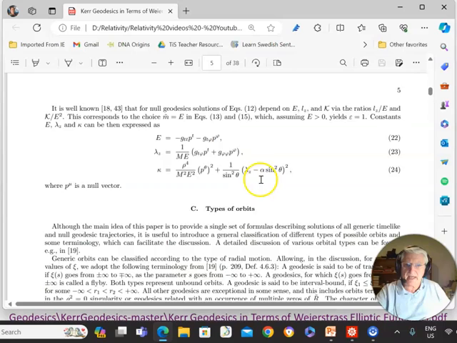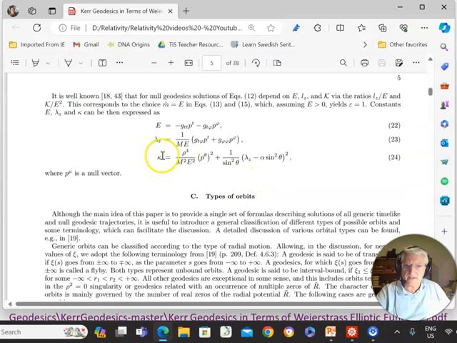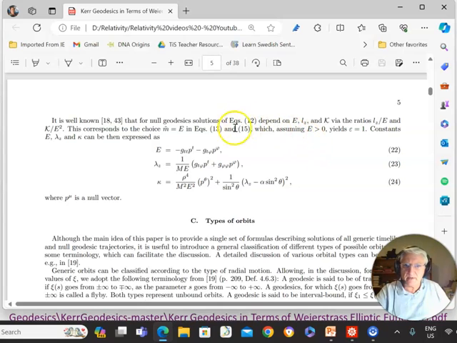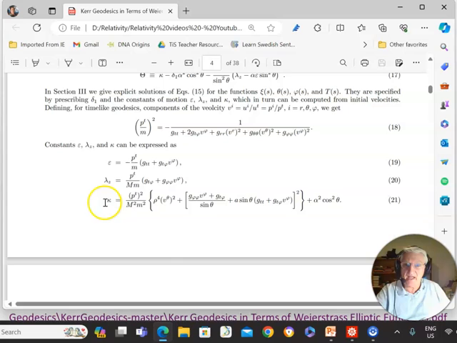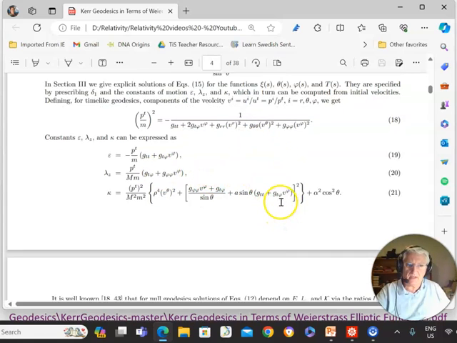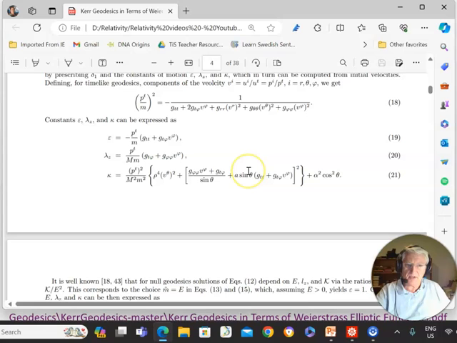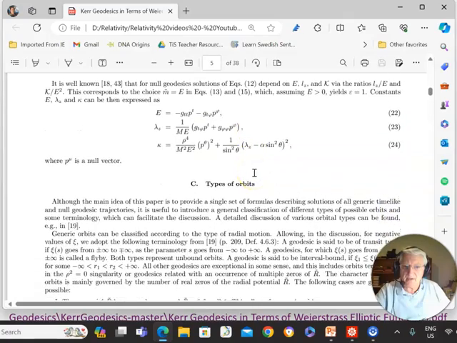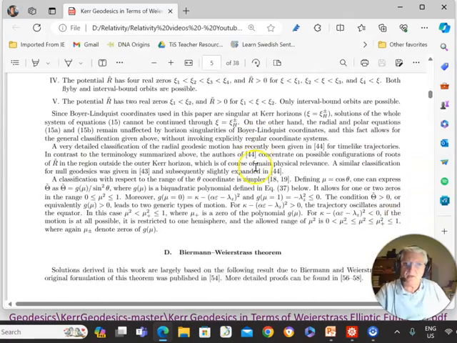And here's the Carter constant here, in this case the null geodesics, and the Carter constant for the time-like geodesics. I've covered this in a couple of the previous videos, which you'll see in the Kerr series, the last couple of videos in the Kerr series. I looked at examples of these different types of orbits.